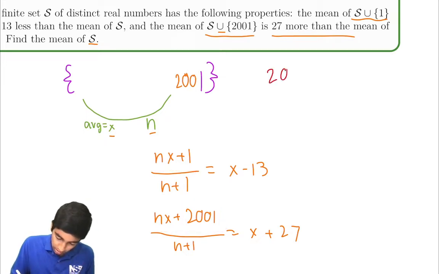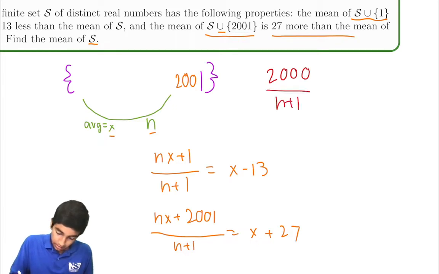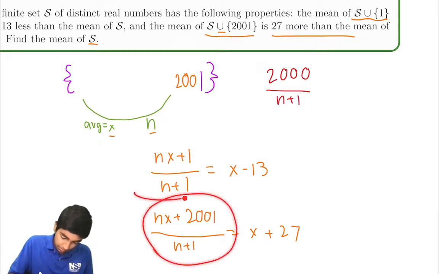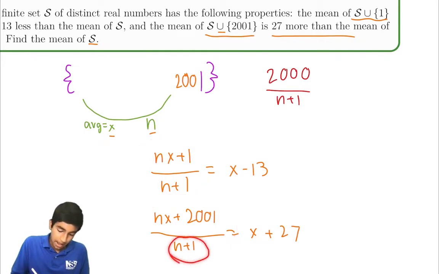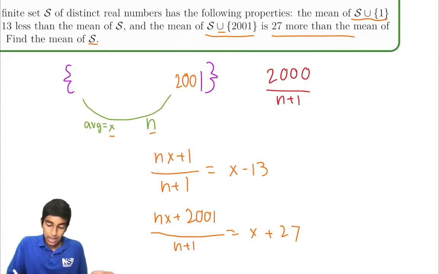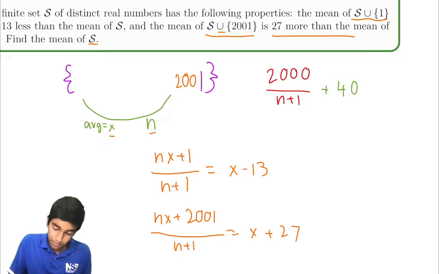Because the difference between this term and this term is just 2000 over n plus 1, since the denominators are the same and the nx's will just cancel out. So 2000 over n plus 1 is the difference. And x plus 27 minus x minus 13 is 40. So this will be equal to 40.